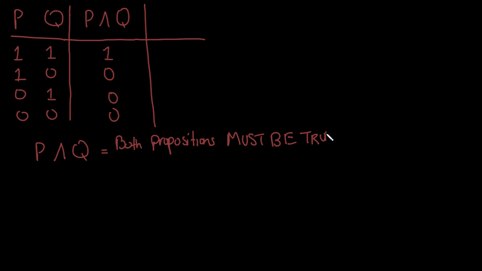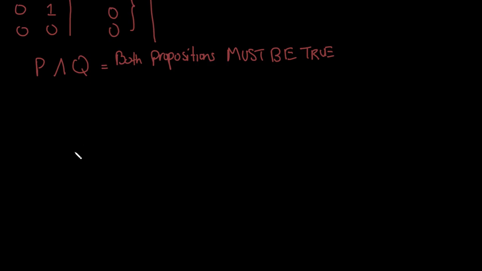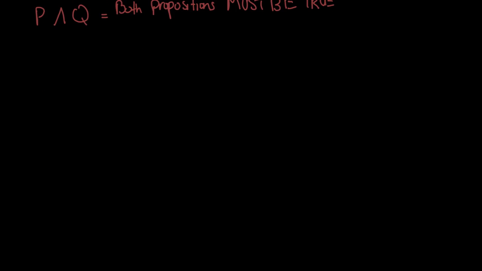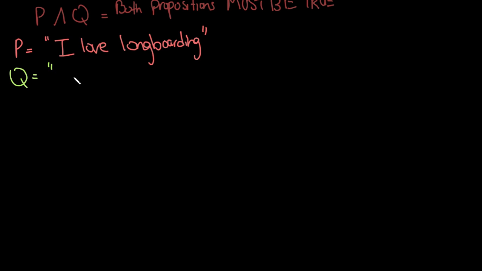If one of them is false, then everything is false. Let's give two propositions real quick. Let the proposition P denote the statement I love longboarding. I really do. And let Q denote the proposition I love the rain.